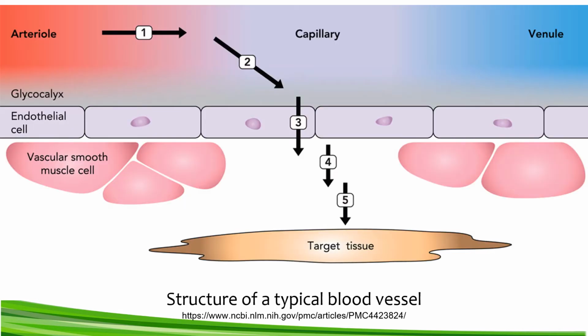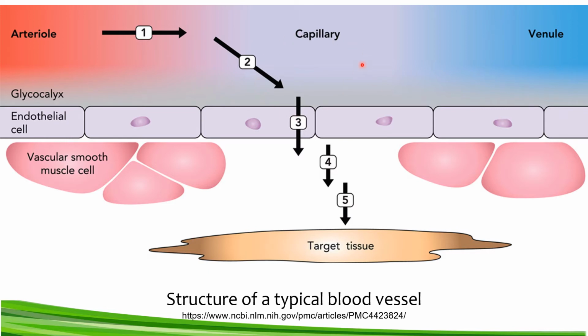This diagram shows the structure of a typical blood vessel. We have here the presence of the endothelial cells that line the blood vessel. We also have the presence of the vascular smooth muscles. The vascular smooth muscles, as you can see here, are present on the arteries as well as on the venules, particularly the larger venules.